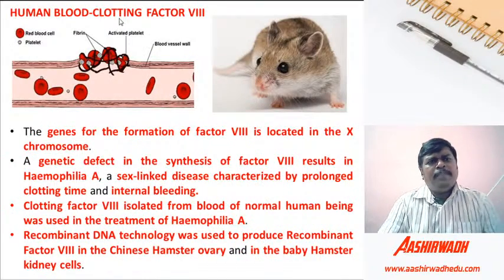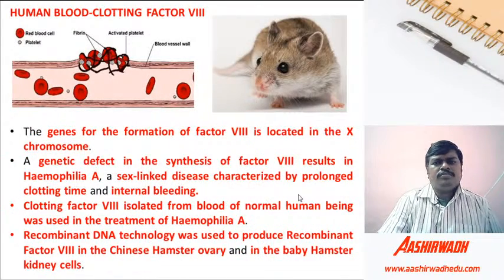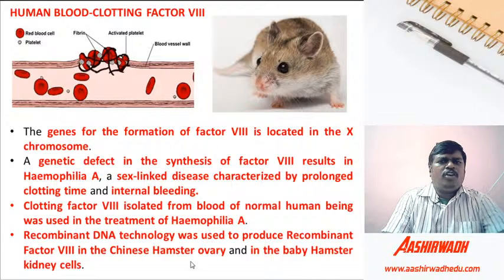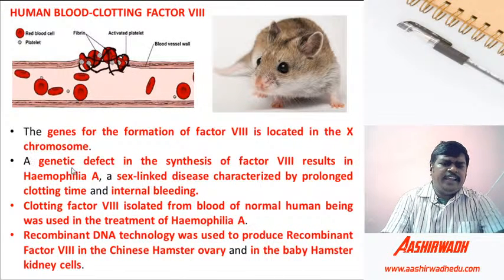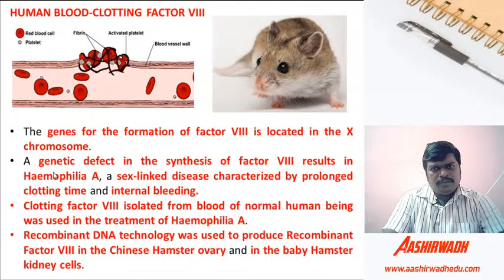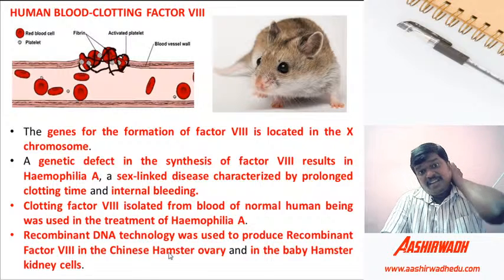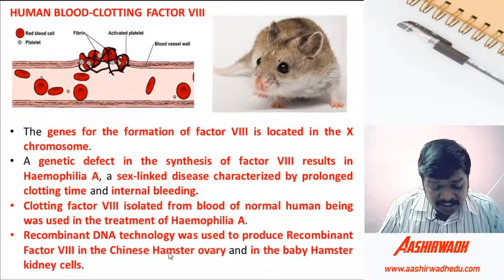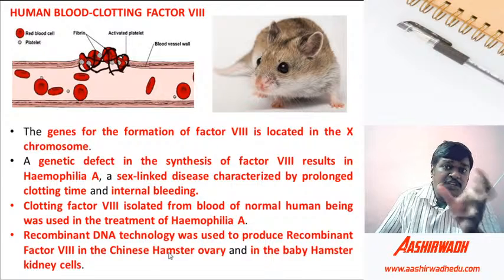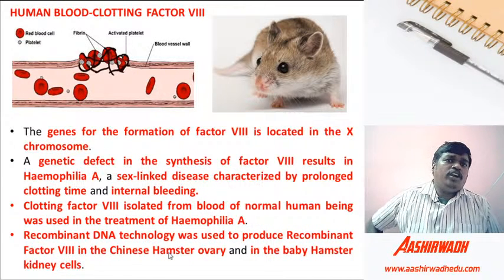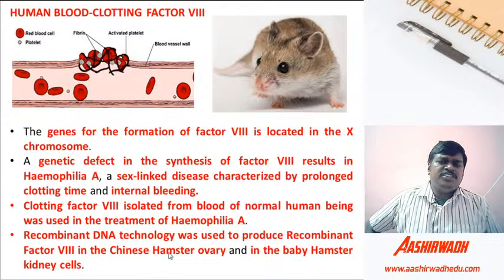Now the human blood clotting factor 8 is located on the X chromosome. If there is a genetic defect in the blood clotting factor 8, it results in a disease called hemophilia.